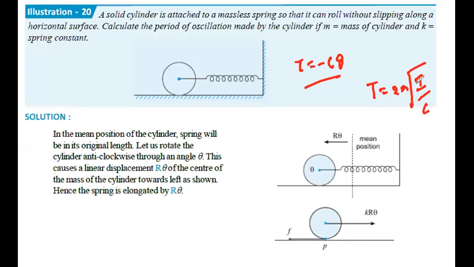Those who have not understood, raise your hand. This is what we know already. Yes or no? And I is equal to IC plus MD square. Yes or no? Tell me yes or no. Everyone knows this?